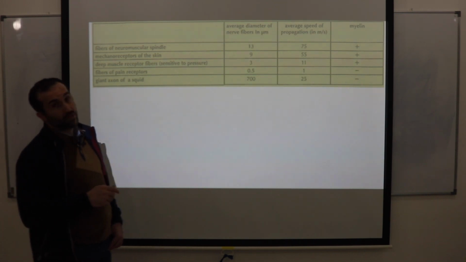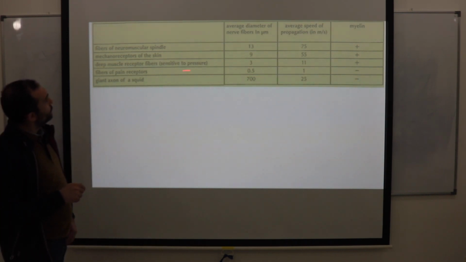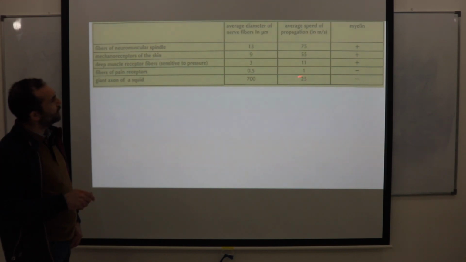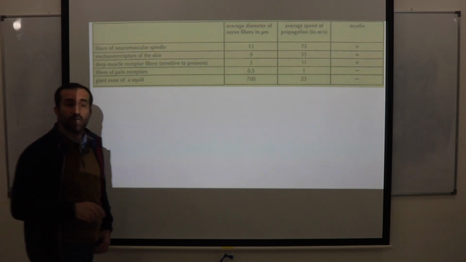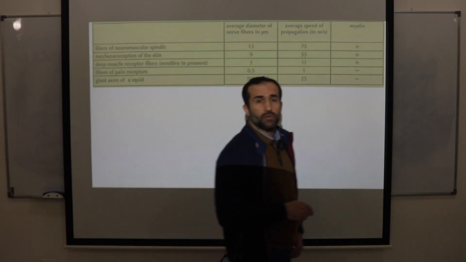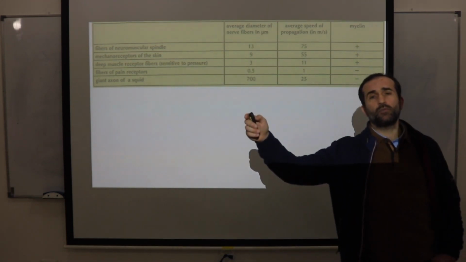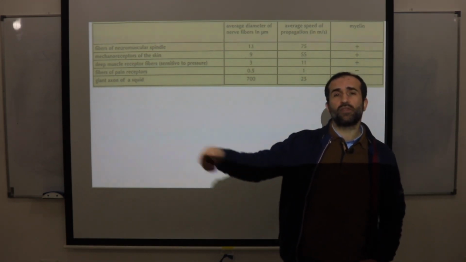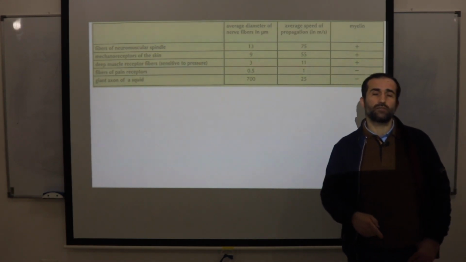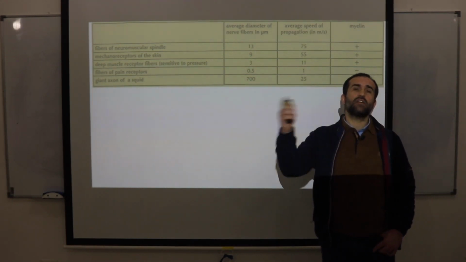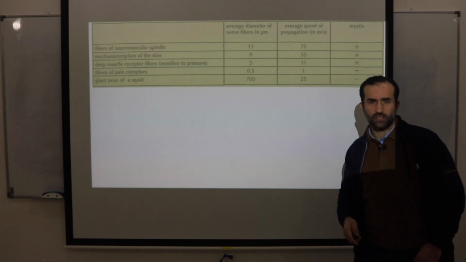This is a very important property. For the myelinated fiber, as for the non-myelinated fiber, when you increase the diameter, you will obtain higher speed. And this is applicable for both kinds of fibers. When the diameter of the nerve fiber increases, the speed of the nerve message becomes faster. It means that the increase of the diameter speeds up the nerve message.